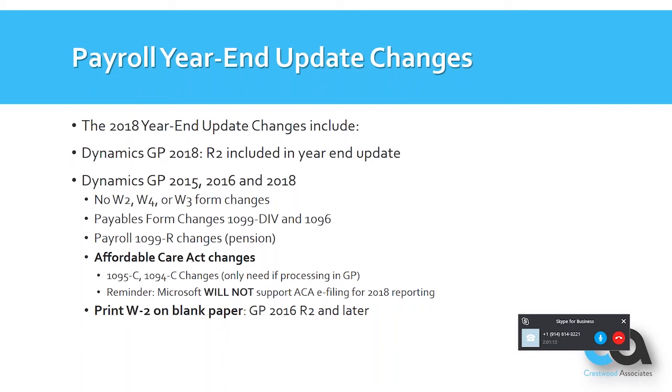The other thing that's important to remember is there were no W-2 changes. I know that's the big one this year. The W-2 form has stayed the same, along with the W-4, W-3, and, as we mentioned earlier, some of the payables forms as well.